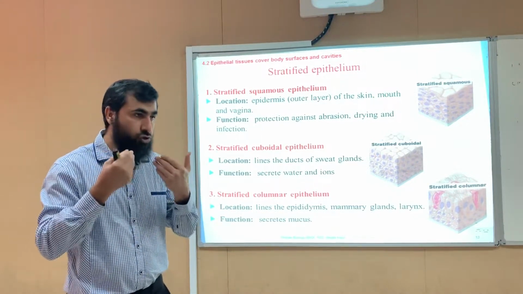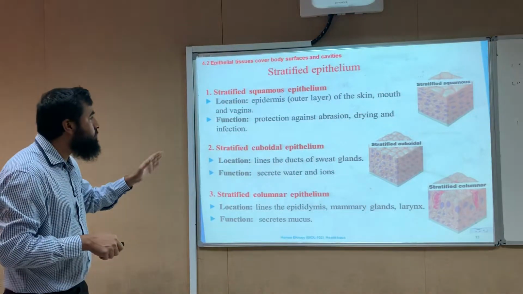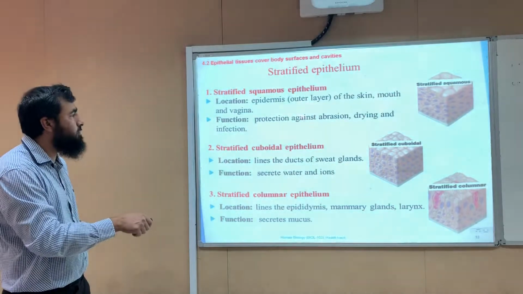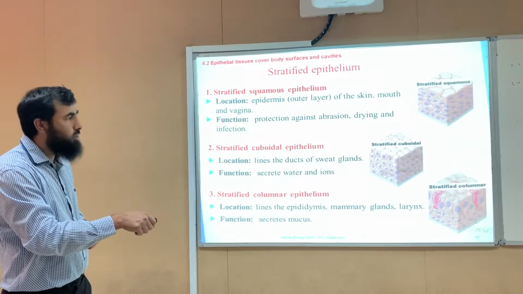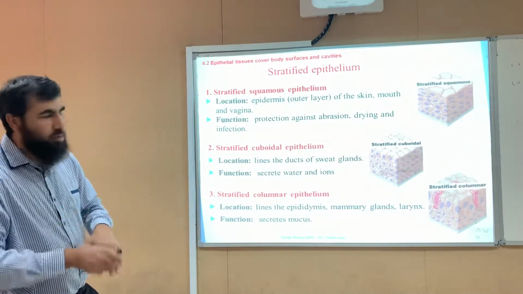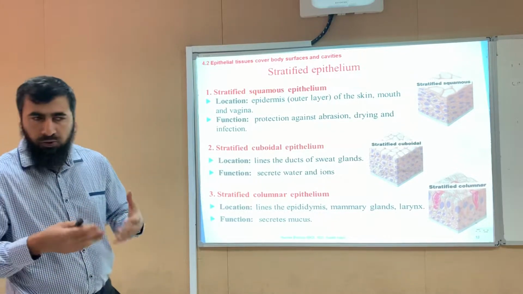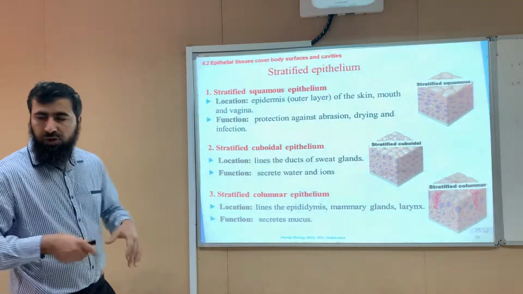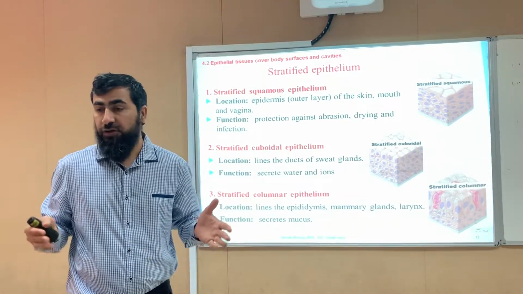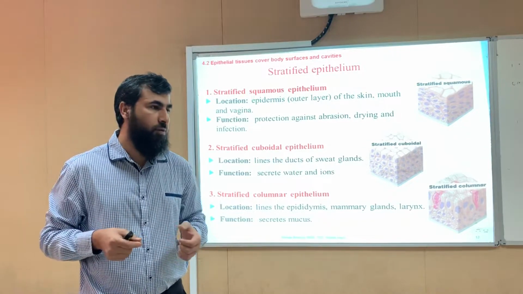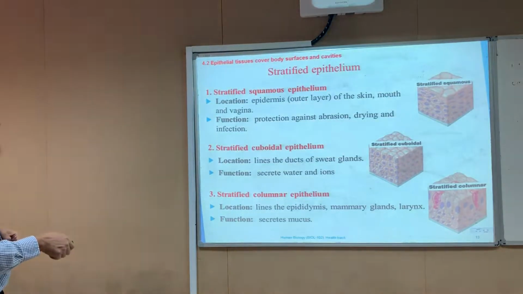The mouth is also stratified squamous epithelia, which is very important in protecting against abrasion, like friction, and drying, so you don't lose the moisture, the water, and infection. Bacteria cannot penetrate through the skin. So the skin is actually the first line of defense in your immune system, okay? It's a barrier against bacteria, viruses, and so on.